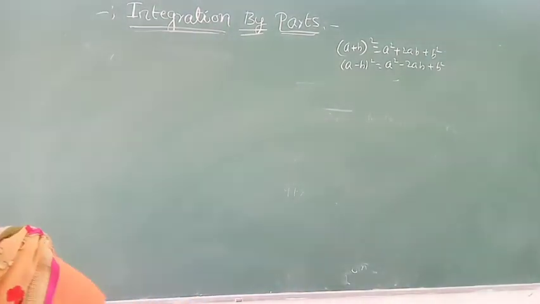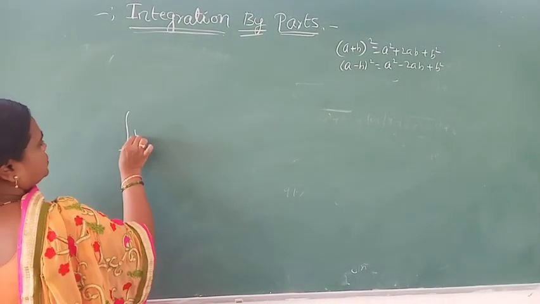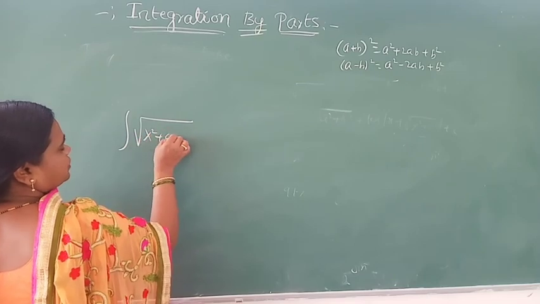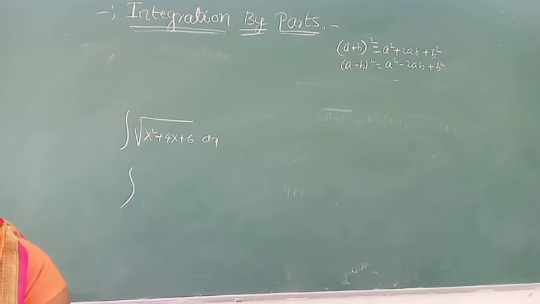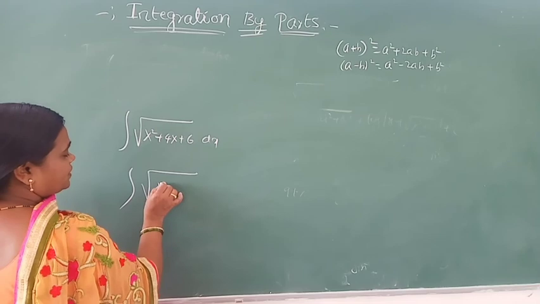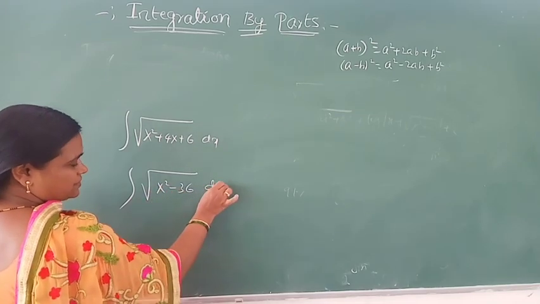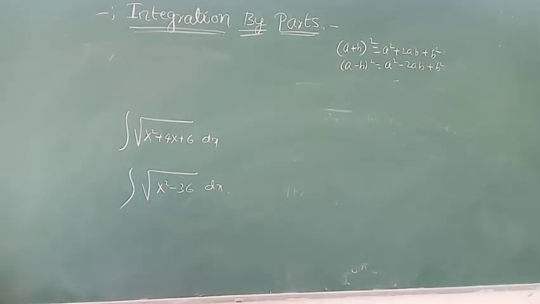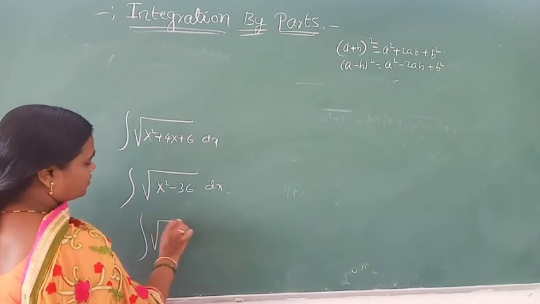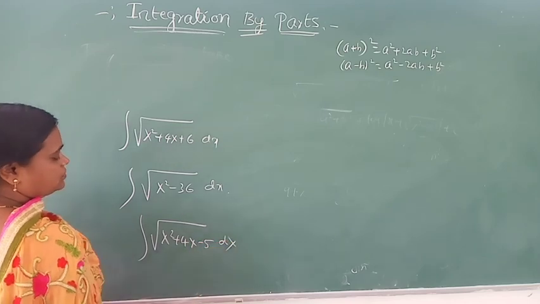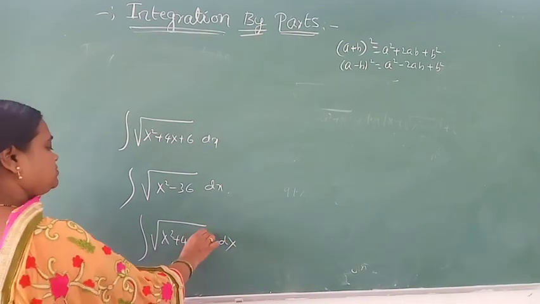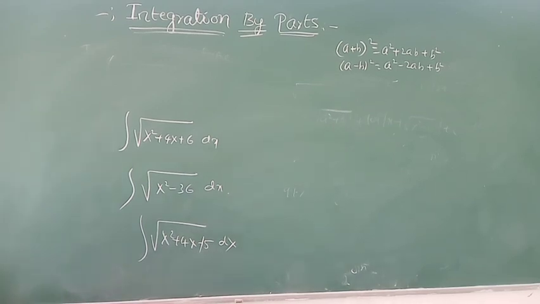One example is integration of root of x square plus 4x plus 6 dx, another one is integration of root of x square minus 36 dx, and the next example is integration of root of x square plus 4x minus 5 into x, not minus, plus 5 into x. I hope you understand all the examples.